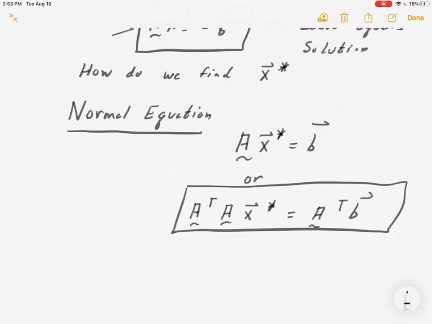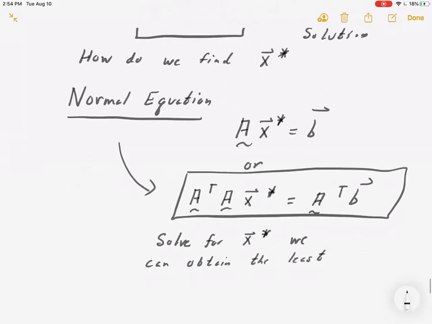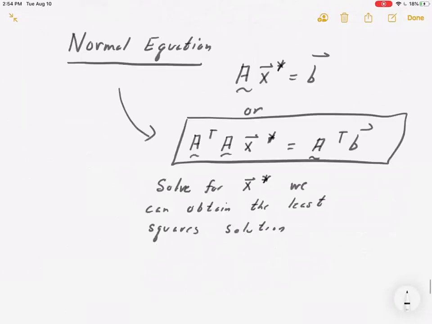This is our normal equation. So if we can solve this for X asterisk, we can obtain the least squares solution to the problem. Okay, so clearly, to see how all this is hanging together, we're going to have to go through some examples, and we'll pick two examples.